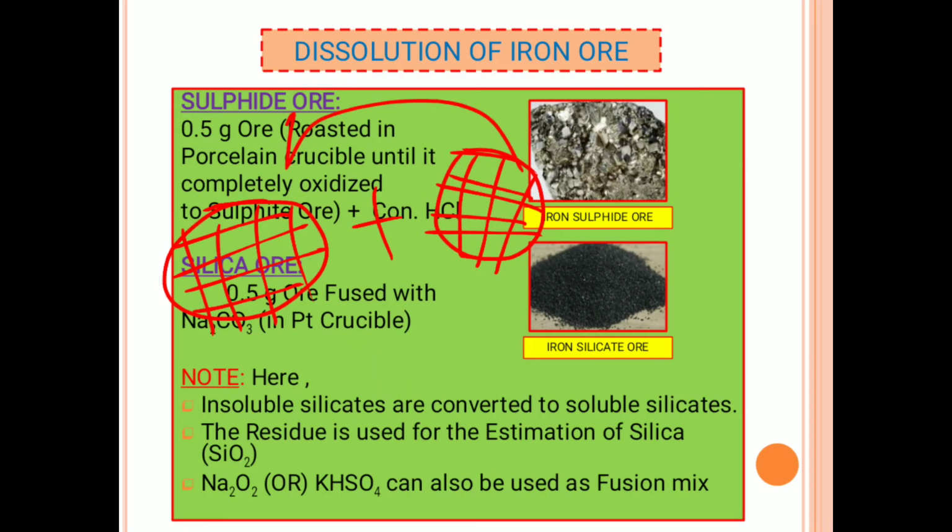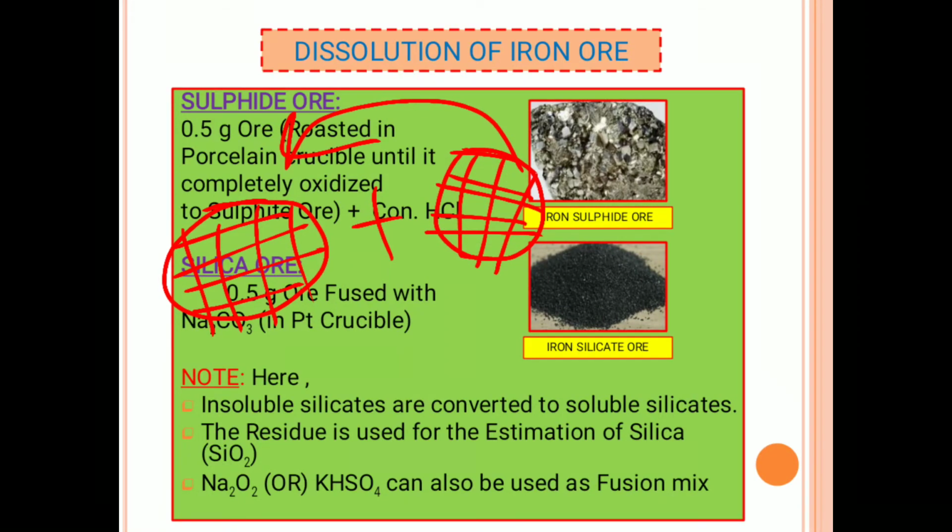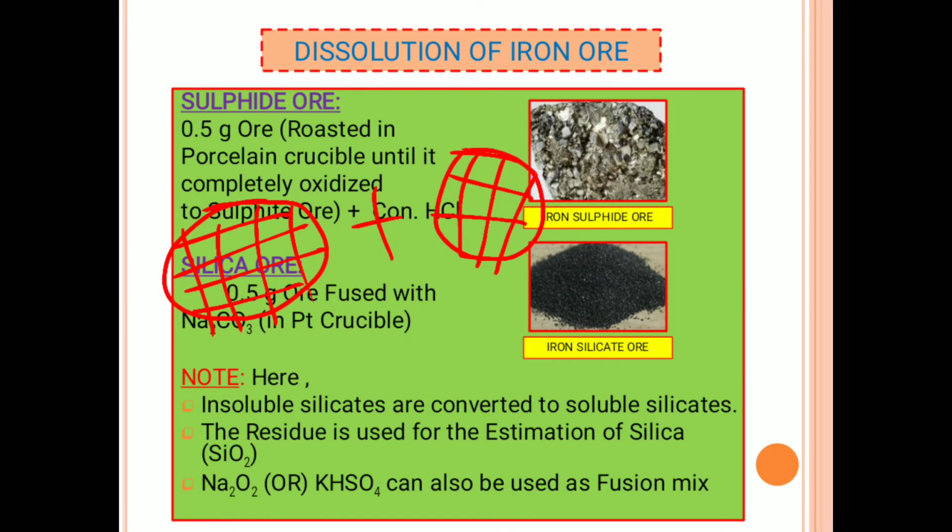If you add this sodium carbonate to this and heat these two together, then because of this sodium carbonate, the bonds which are present in iron ore will be weakened, so that it will be converted to a stage called fused form.